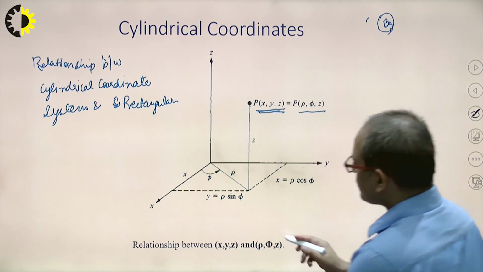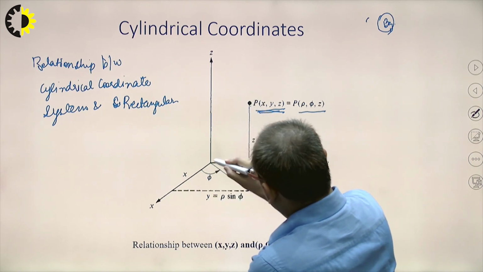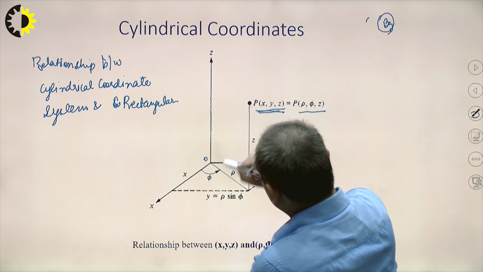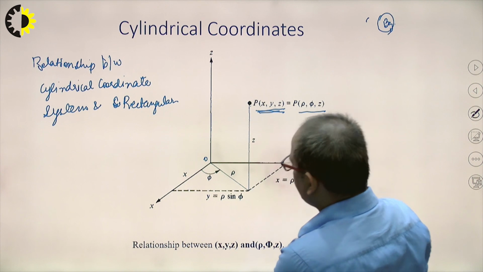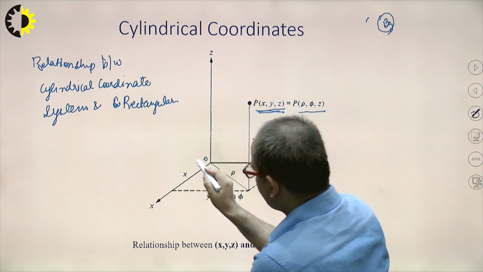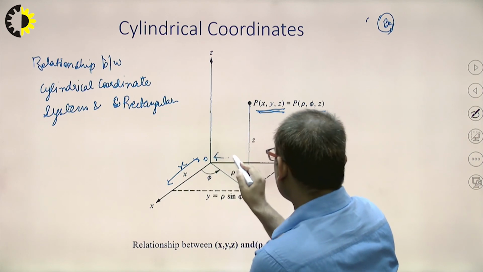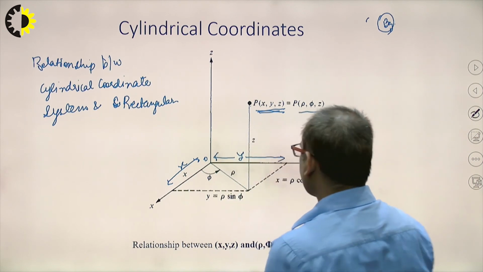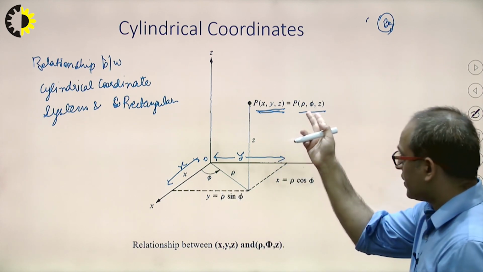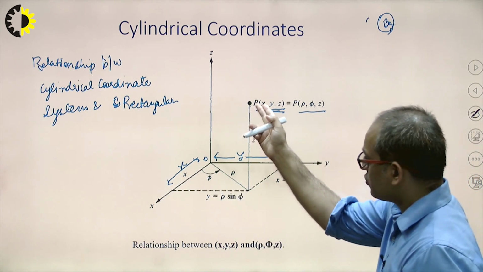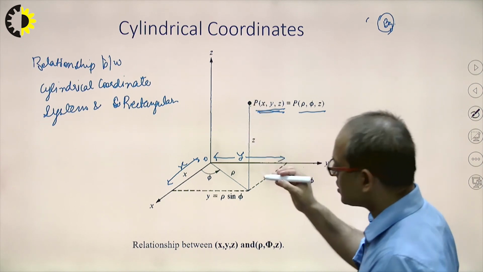Now see, if I am here and want to reach this point, first I will follow x, then y, and then z. Clear? So this will be X, and this will represent Y. Now for the same point P, I want to reach it using a cylindrical coordinate system.